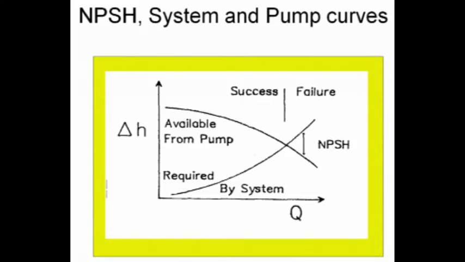It's trying to ensure that we don't have cavitation or bubbles forming on the suction side of the pump due to a lack of pressure, due to either trying to pull up from too high a distance or even friction loss through the fittings on the suction side of the pump.